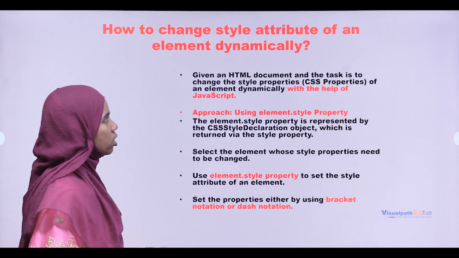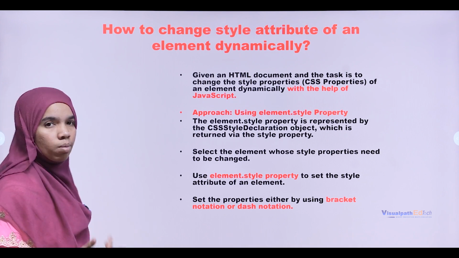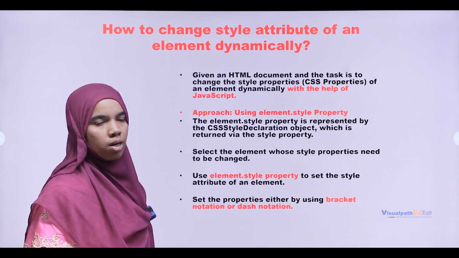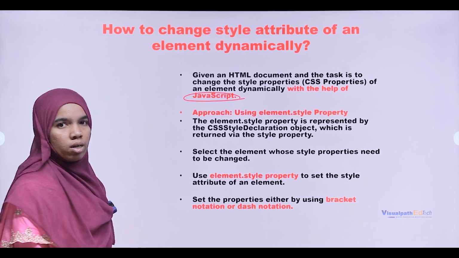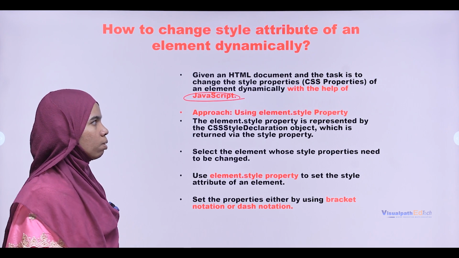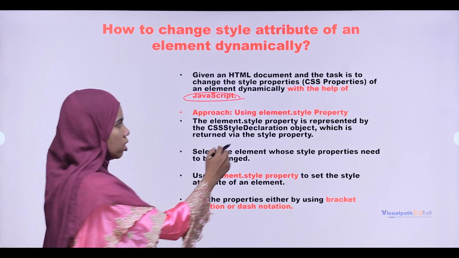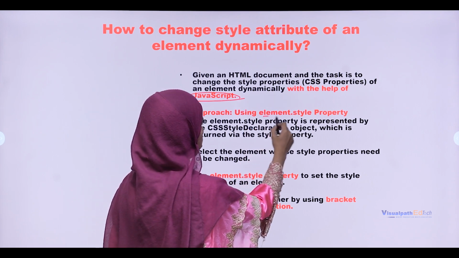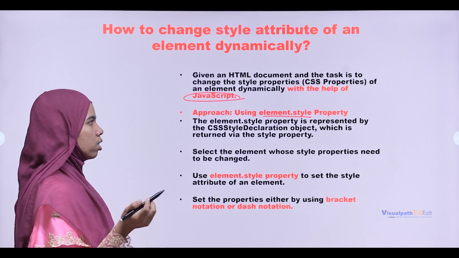Now, how to change the style attributes dynamically? Dynamic changes, whenever applicable, come with respect to your JavaScript. Dynamic changes will be applicable with the help of the JavaScript only. So this approach uses the element inside the style property, like your selector and the declaration.